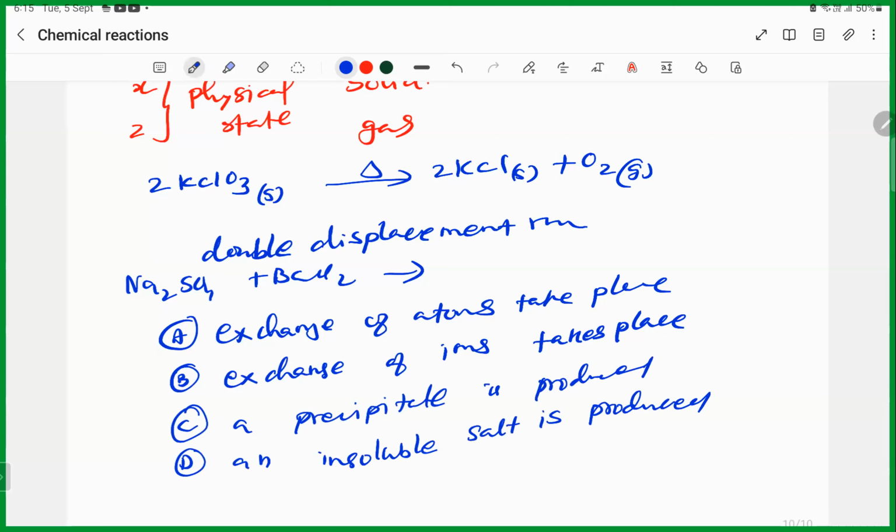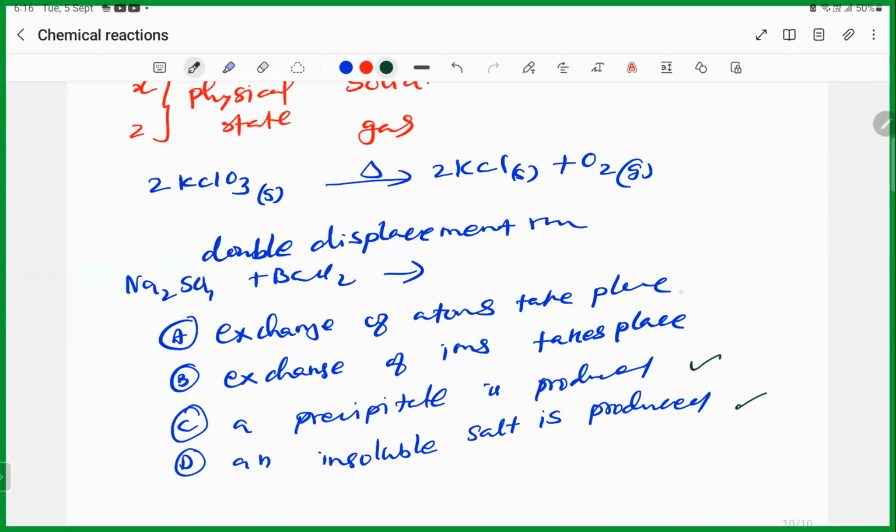Correct option more than one எது வேணாலும் இருக்கலாம். Sir, C is correct, sir. D is correct. B also, sir. A, sir. B is correct.